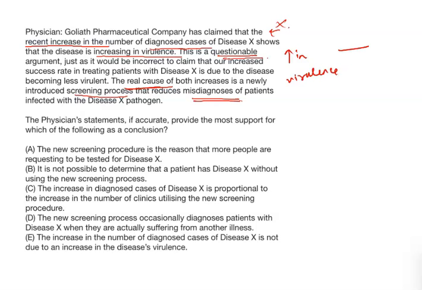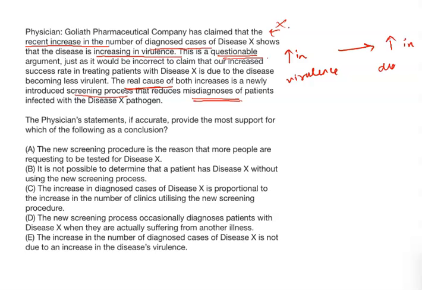The pharmaceutical company is saying that increase in virulence is the reason for increase in diagnosed cases. But our physician is saying that this cause and effect relationship is not correct. He says the real cause of the increasing number of cases is a new process, because this new process reduces misdiagnosis.